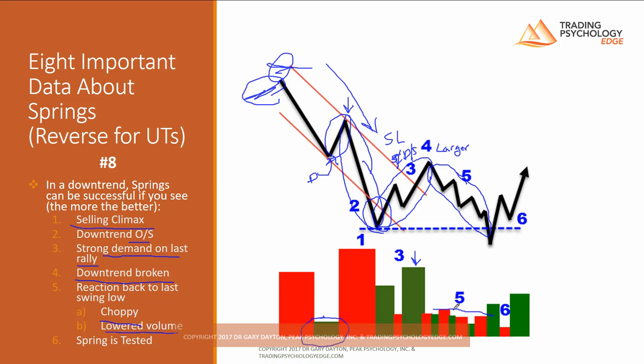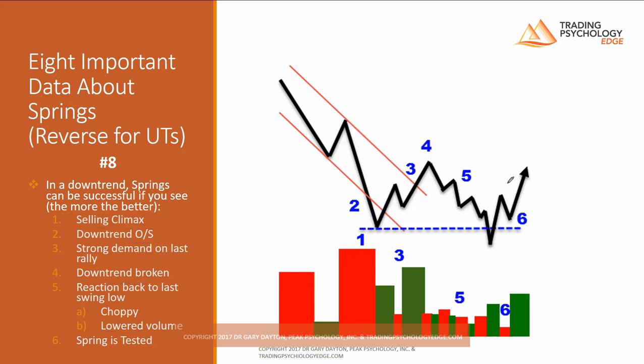You're going to see a lot of little waves in here if you're using the Weiss wave, and there's nothing going to compare to what we saw down in here. Okay. And then you get the spring, we get a little rally up, and then you get a test.